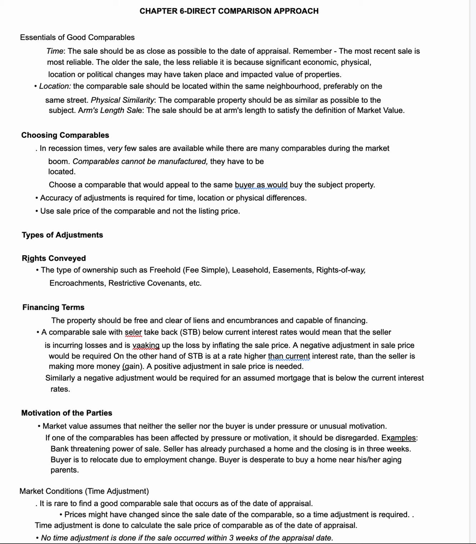So there could be a scenario where you are asked to value the subject property for listing purposes, and that property is, let's say, a two-storey, 2,000 square foot home, and prices might have risen 10 to 15% over the past 6 months. Now you select three comparable sales.